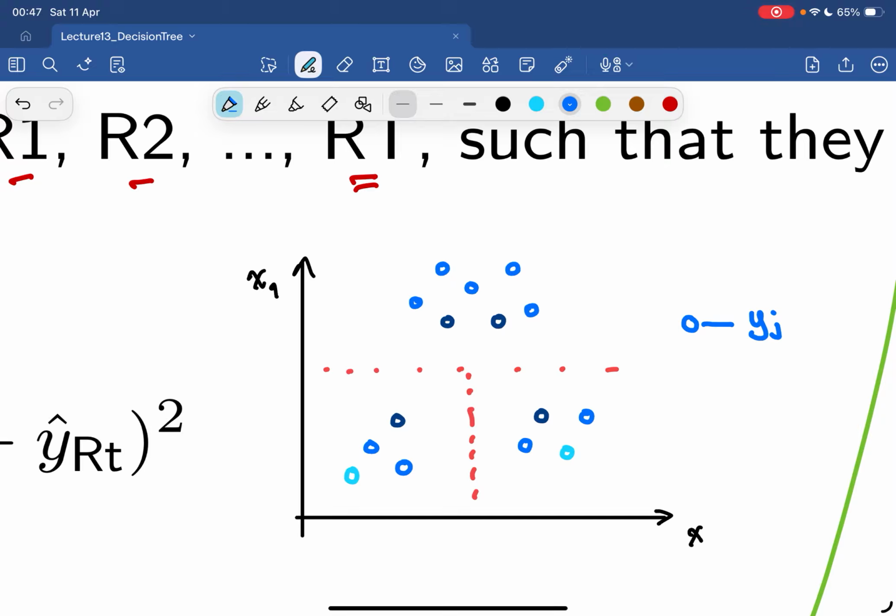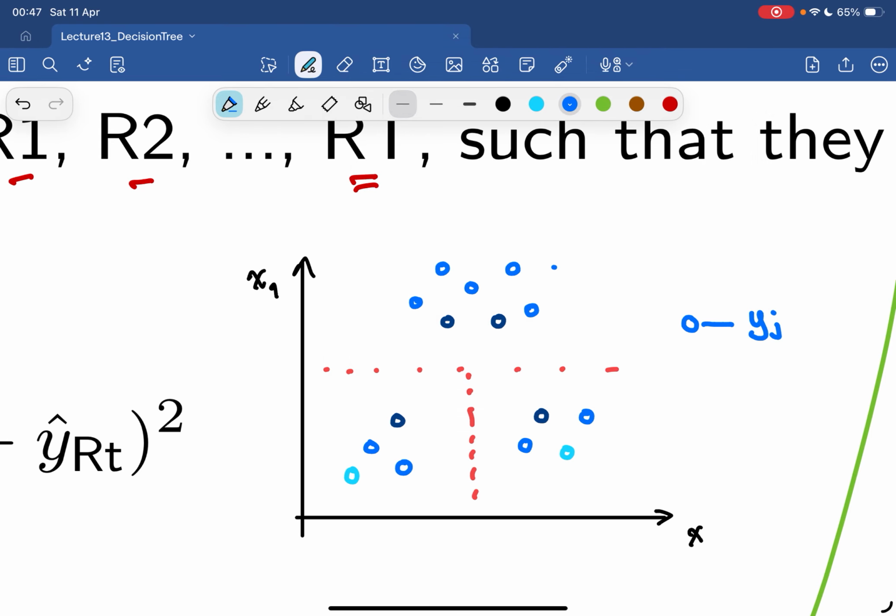So what you are doing is trying to find the value that represents the region. For example, let's say the darker blue represents the higher value.